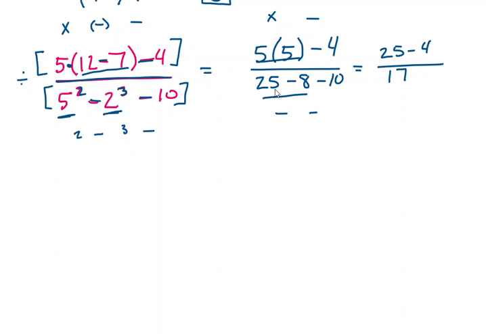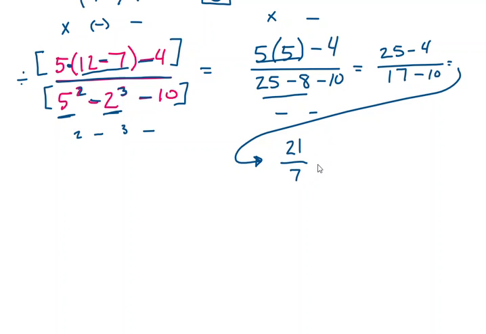And then I bring down the minus and the 10. Okay, can we squeeze one last one here? Nope, I can't. I'm going to rewrite it down here. So 25 minus 4 is the top, and that's 21. 17 minus 10 is 7.